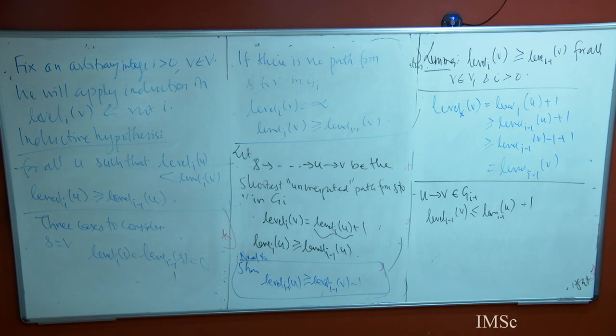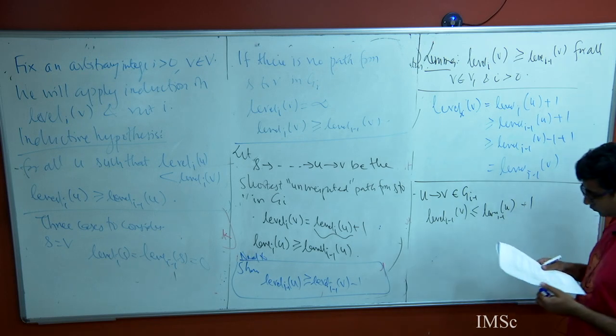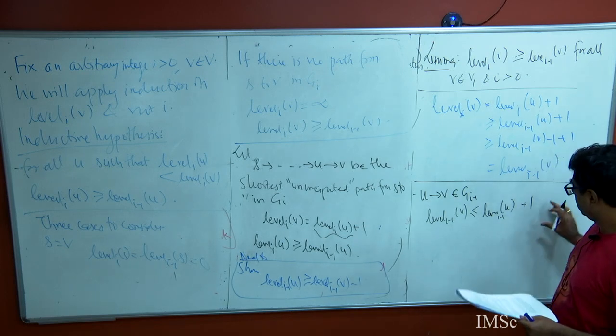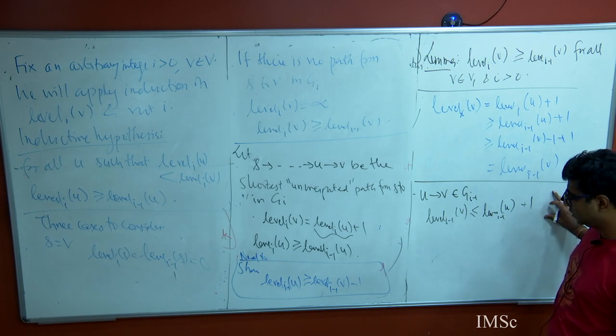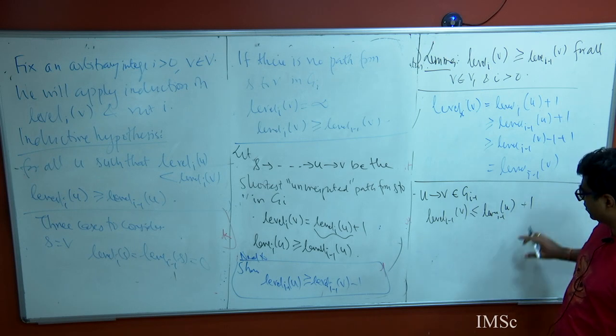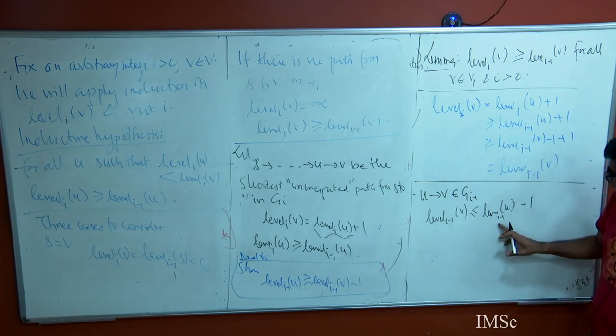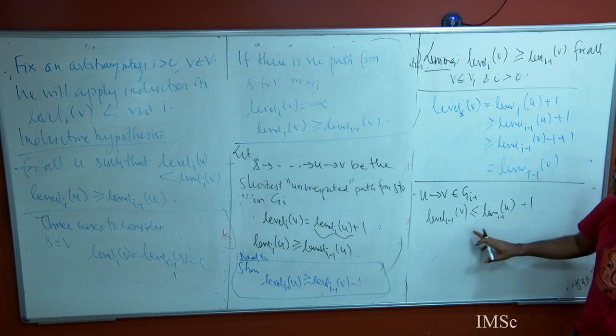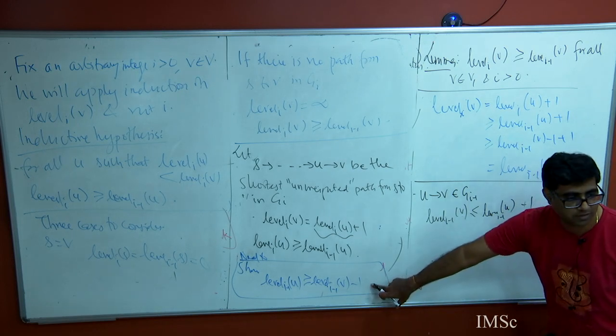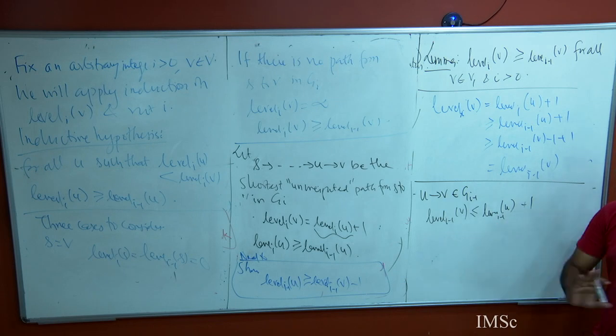It is actually equality. But in this case, we are done, right? We have proved this inequality, because level_i of U is greater than or equal to level_{i-1} of V minus 1. So if we are in this case, we are done.